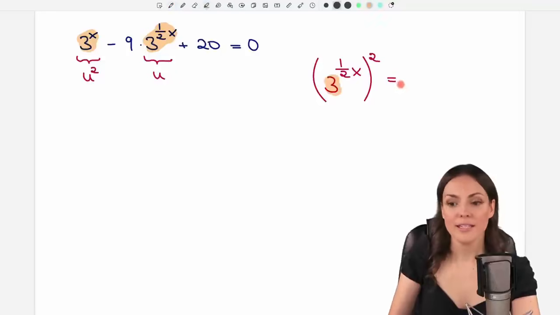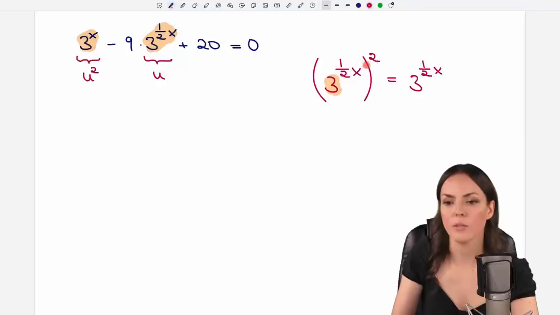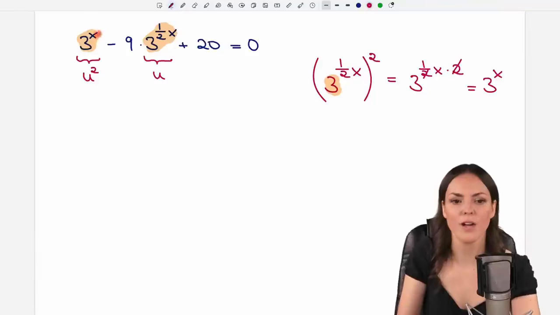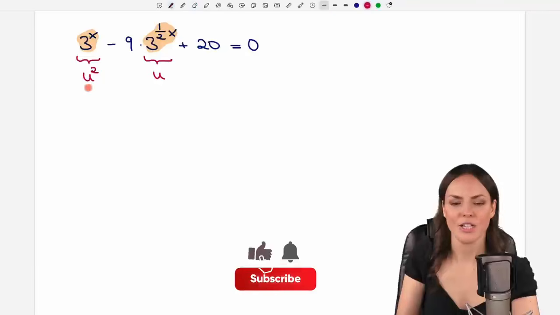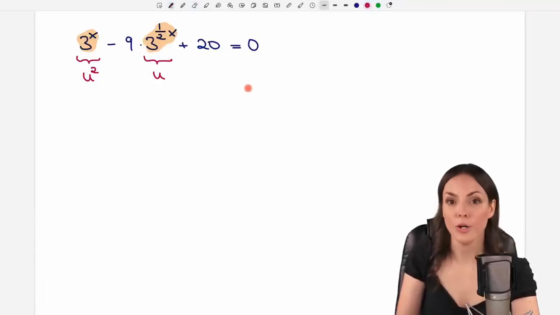We can take the base, the 3, and just multiply the exponents. So we have 1 over 2x and multiply it by 2. And then we see that the 2 cancels out here. We have 3 as a base and our exponent is just the x. So we've just seen, okay, that's the result here if we square our U. So the things work, the connection is great between our expressions, and the substitution works.